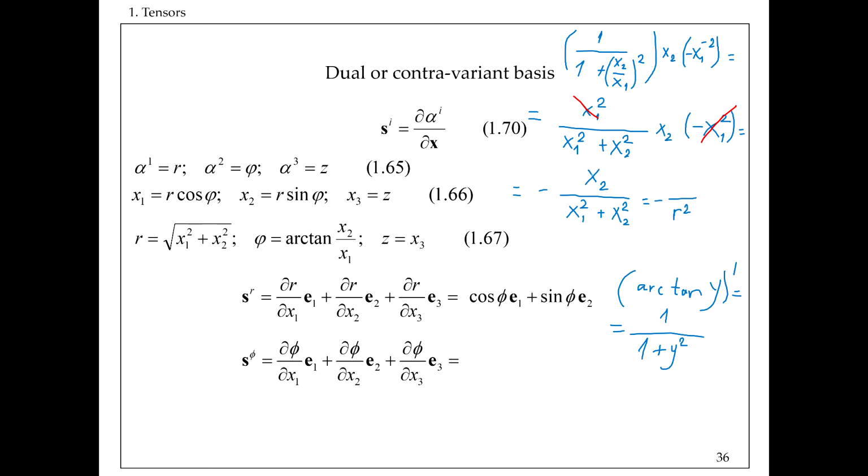Then x2 can be written as r sine phi, which we already derived before.